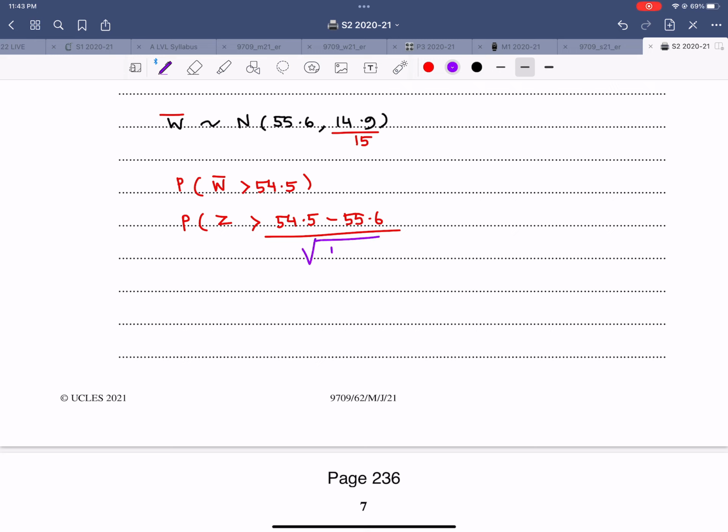So this is the concept that you apply in this particular question, and this comes out to be negative 1.104. So probability Z is greater than negative 1.104, and this thing is less than. So my bad, this thing is less.